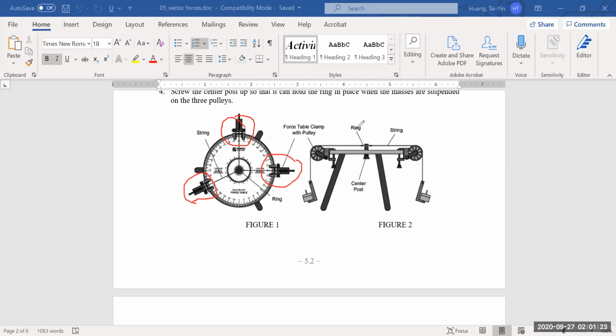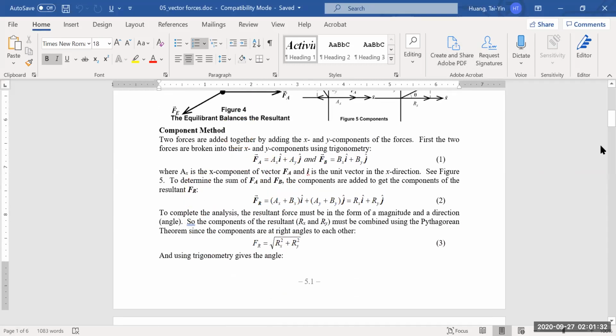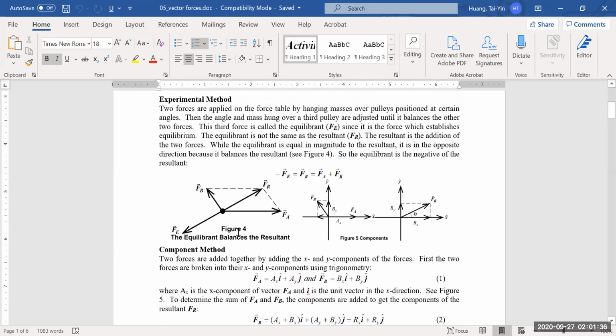So the second method is what we call the component method. For the component method, based on this diagram, you have force A and force B, and if you do the component method, we will be able to determine the resultant of forces A and B, and this resultant force we call FR.